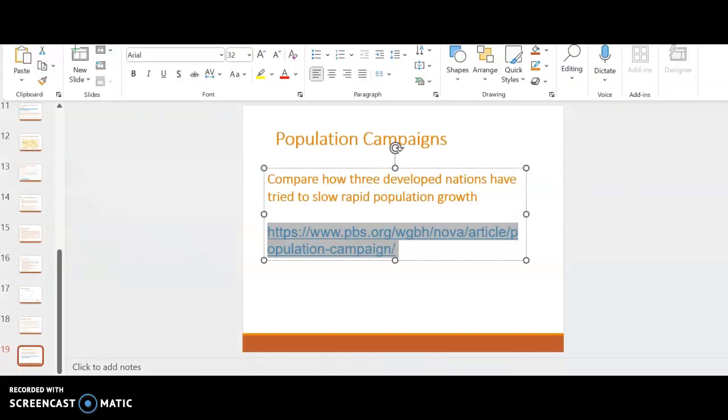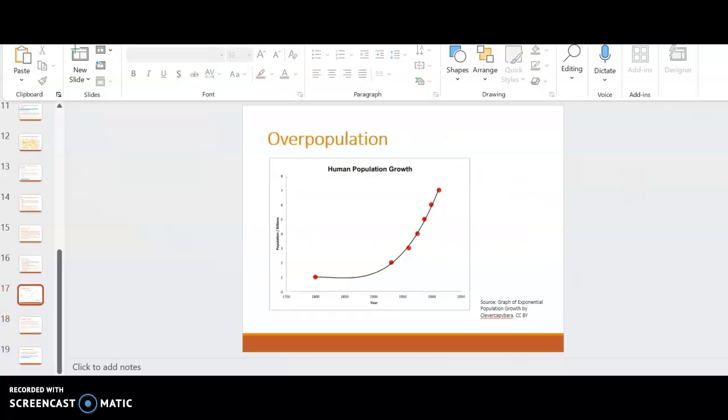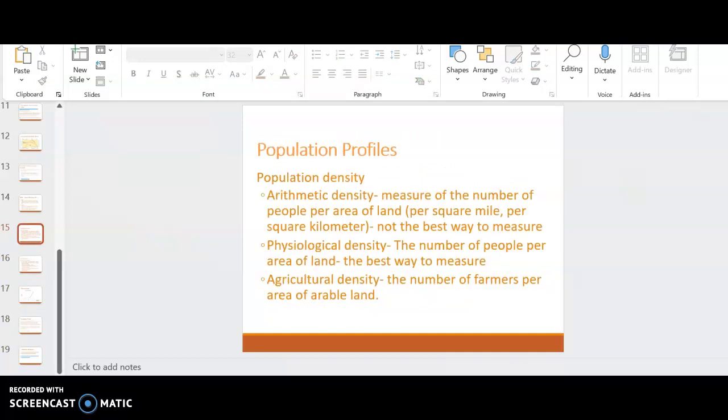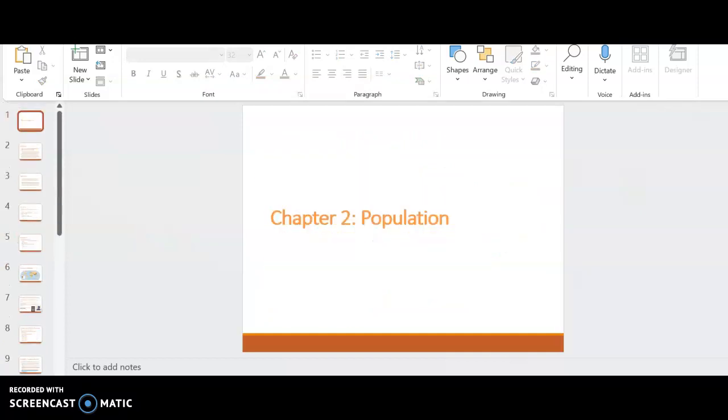Now, a lot of this comes with lack of freedom and the idea of it's my body, my choice type of idea. How does that fit into population, etc.? And we're going to talk more about this as the semester goes on in terms of how do you curb population growth without taking away people's freedoms.